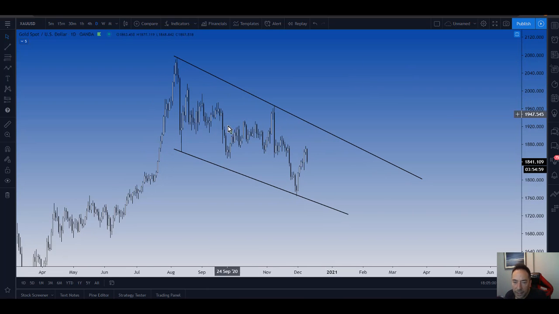So we're looking at this price action here as a correction, okay? This is our impulse, this is our correction, looking for the next impulse. And we've also got seasonality suggesting that we should be looking for buying opportunities on gold.